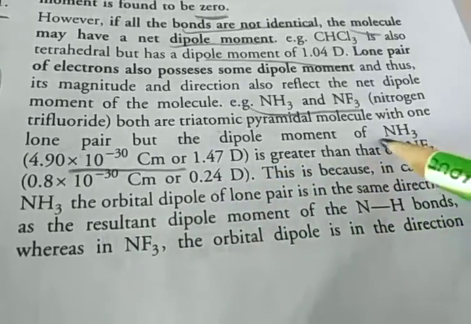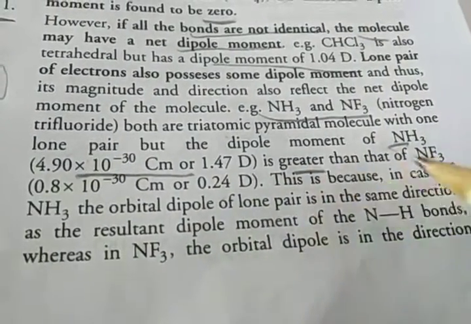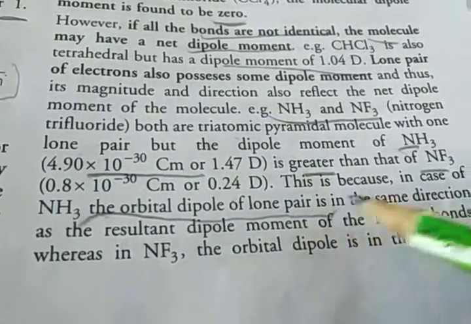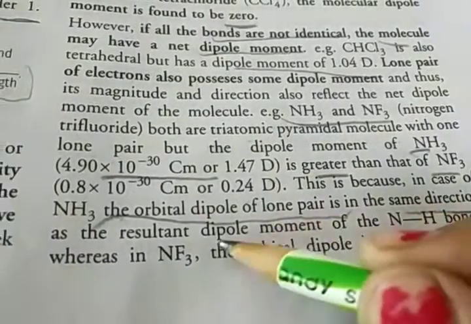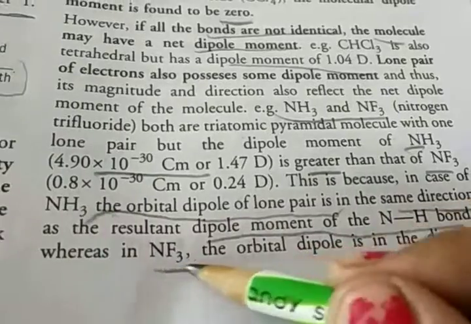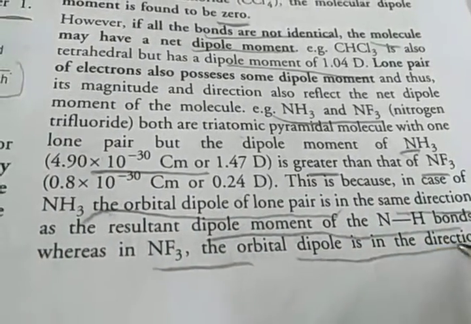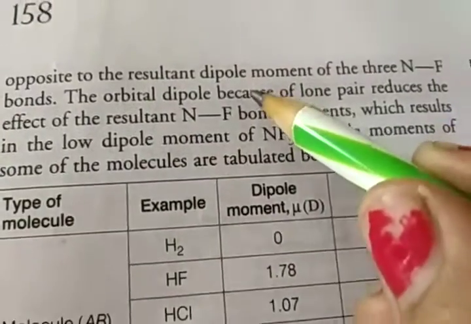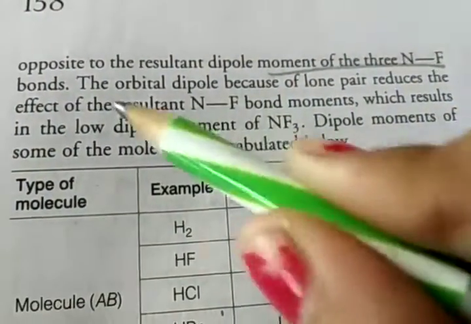So ammonia has a greater dipole moment than NF3. The reason is that in NH3 the orbital dipole of the lone pair is in the same direction as the resultant dipole moment of the NH bonds. In NF3, the orbital dipole is in the direction opposite to the resultant dipole moment of the 3 NF bonds.